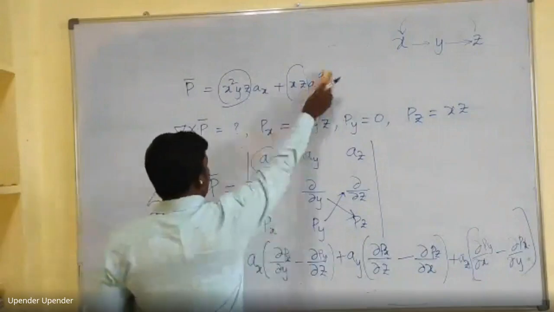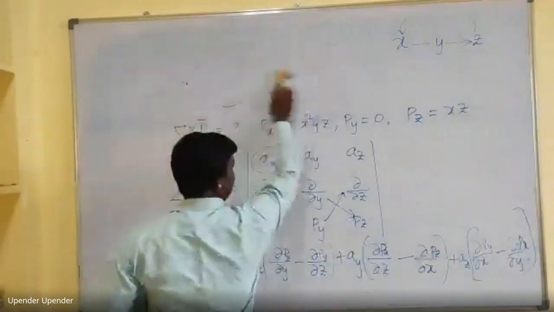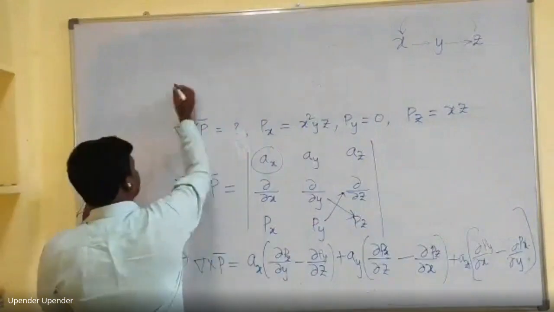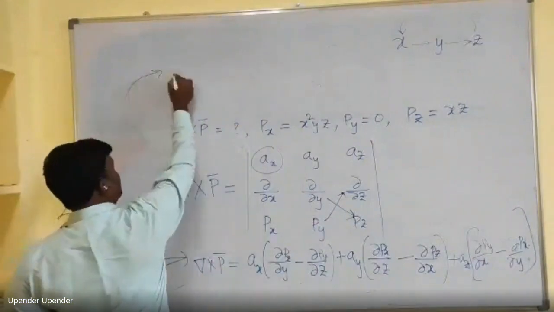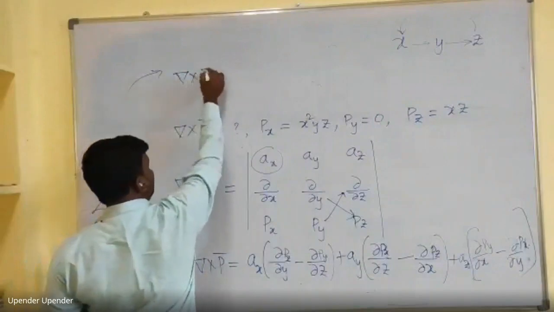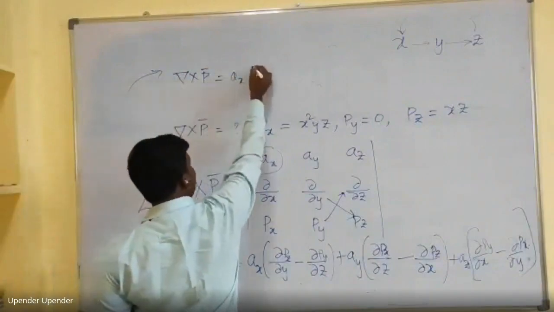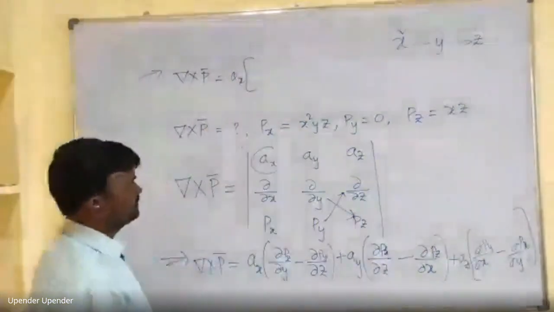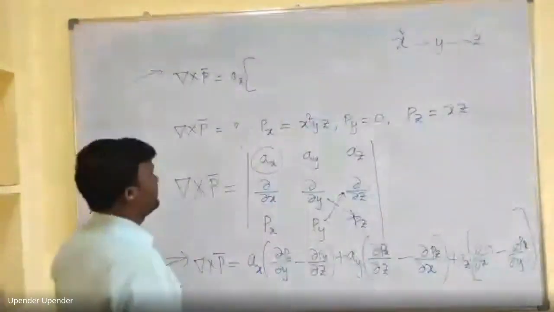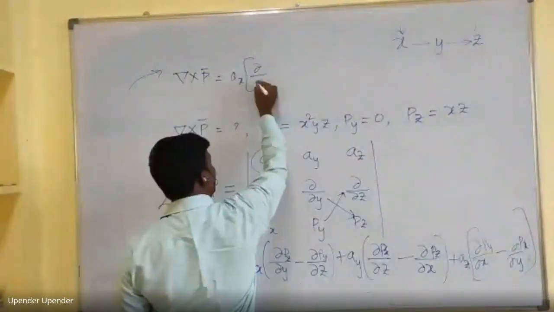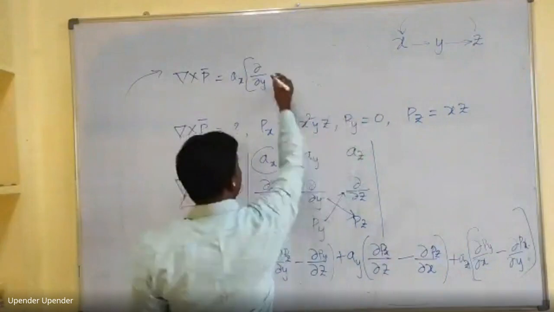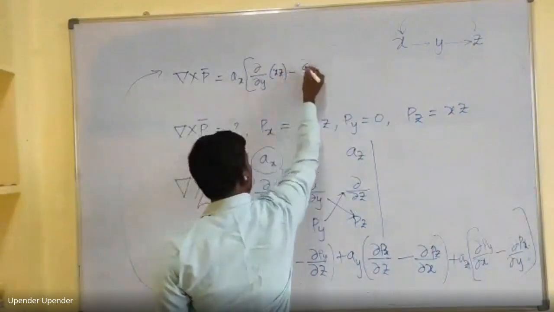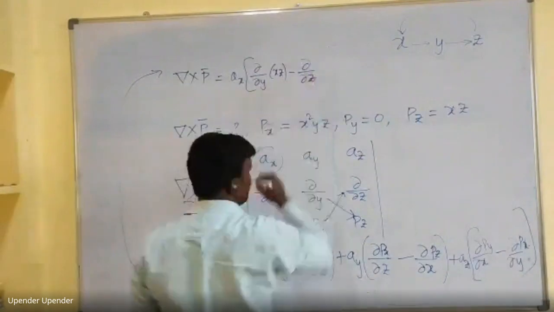Now substitute this Px, Py, Pz in this one, and you will get del cross P. Del cross P is equal to ax into dou Pz by dou y. Pz is xz, minus dou by dou z of the y component.